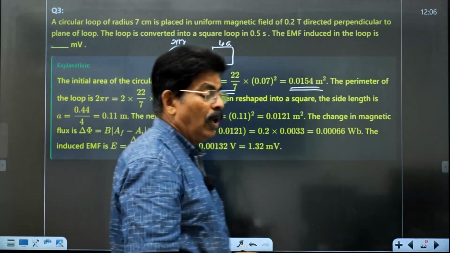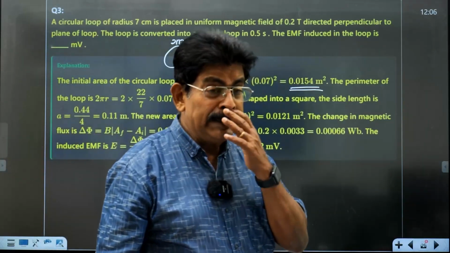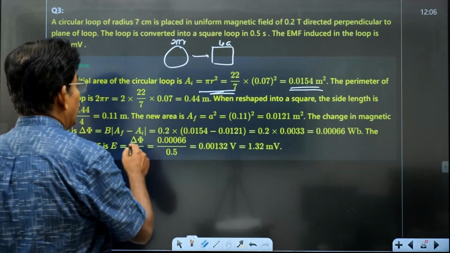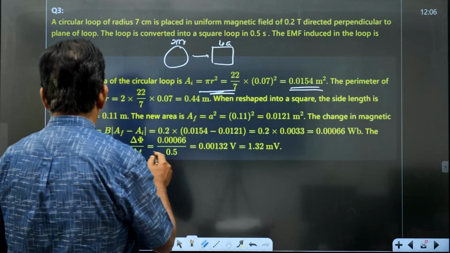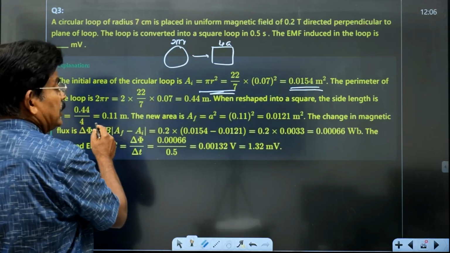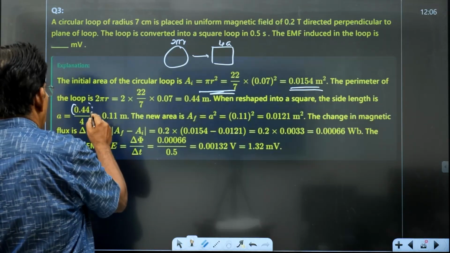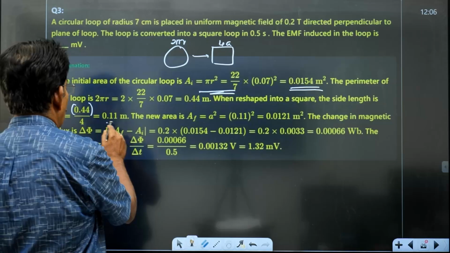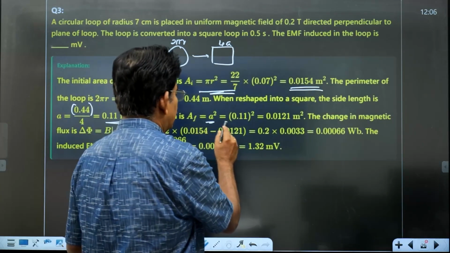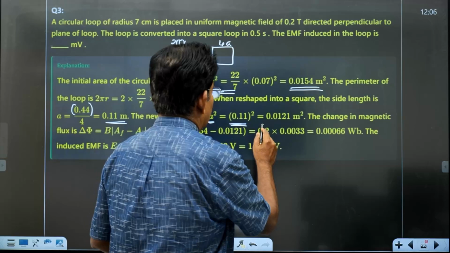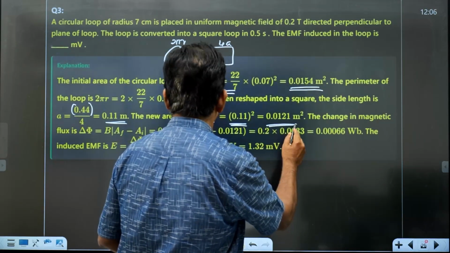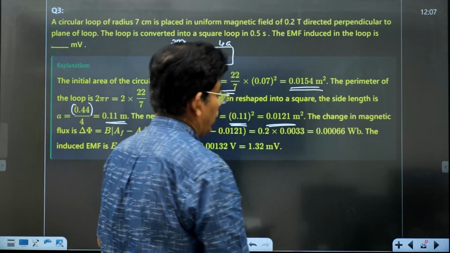So what we have done is we equated them to find a, that is a equal to 2 pi r divided by 4. 2 pi r is coming to be 0.44, divided by 4, that is 0.11 meter. We got the side. Then area is equal to a square, 0.11 square, that is coming to be 0.0121 meter square.